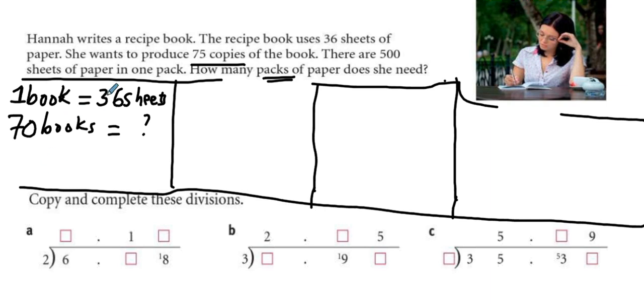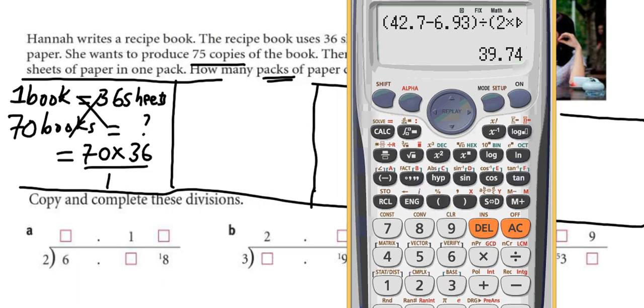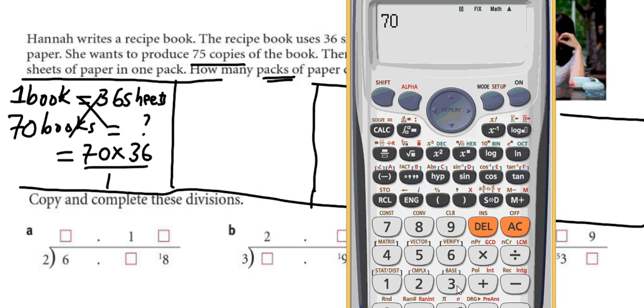So you do cross multiply. 70 times 36, divide by 1. Now to save time, you can use a calculator, but it's something you can also do mentally. 70 multiplied by 36 equals, all right, let us remove the fixed setting, shift, put the calculator normal.